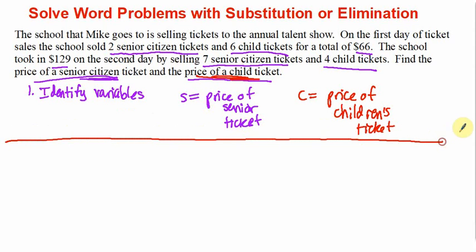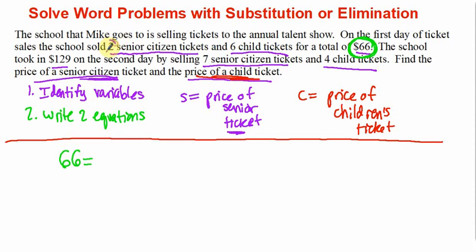Second step is to write an equation. Actually, I'm sorry, write 2 equations with these variables in them. So let's write our 2 equations. The first equation is going to involve that $66. So let's think about it. $66 is the amount of money they made on senior tickets plus child tickets. We don't know how much money they made on a senior ticket.